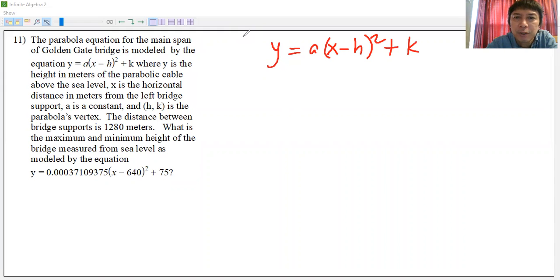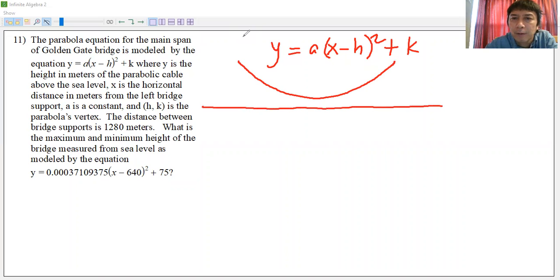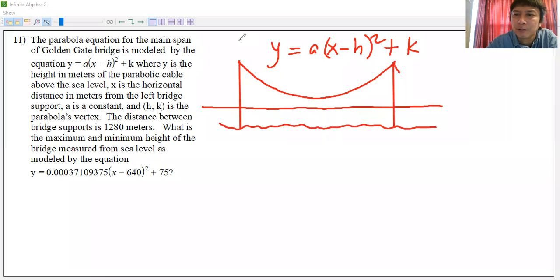So if this is the parabola, we have something like this. This is the post, and there's another post over there. And this is the sea level, and it looks like that, and another one over there.